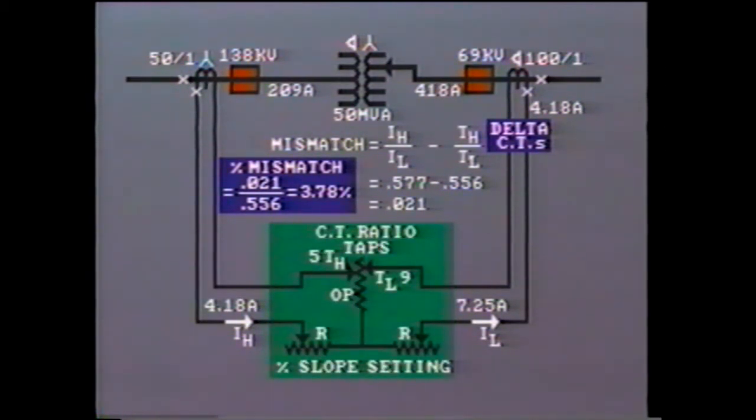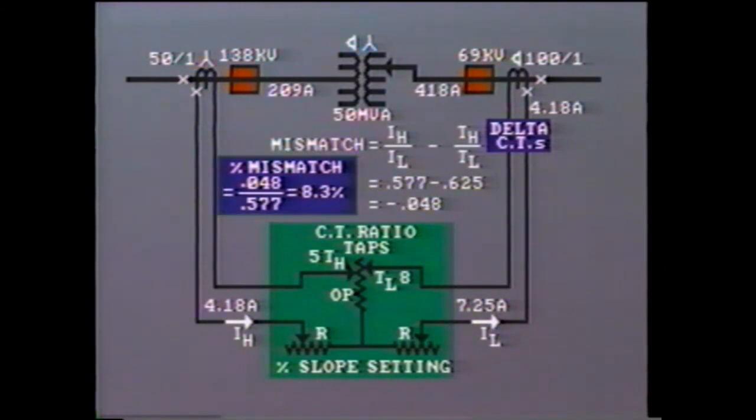What would be the result if the low side tap had been set to, say, tap number 8? Here, the ratio TH over TL would equal 5 divided by 8 equals 0.625. In this case, the mismatch is a negative value, but it really doesn't matter. It is still a mismatch of 0.577 minus 0.625, or minus 0.048.